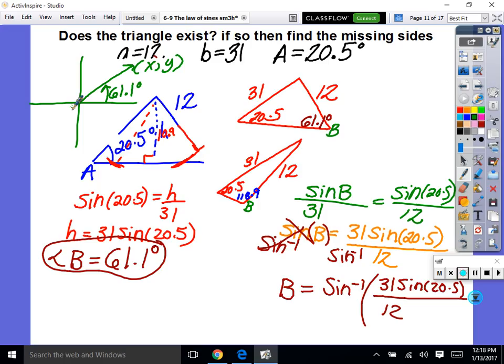I got 64.8. Speak up then, guys. 64.8. Okay. So now, how do I explain this better? What does sine inverse mean?